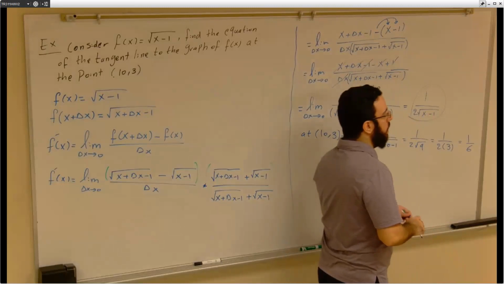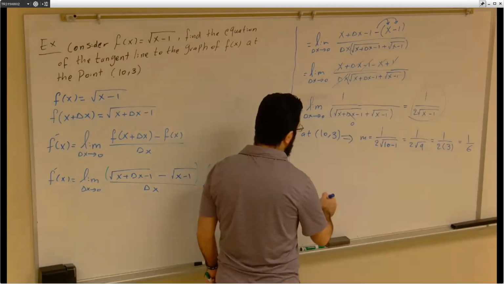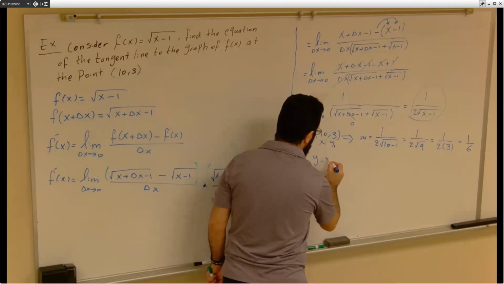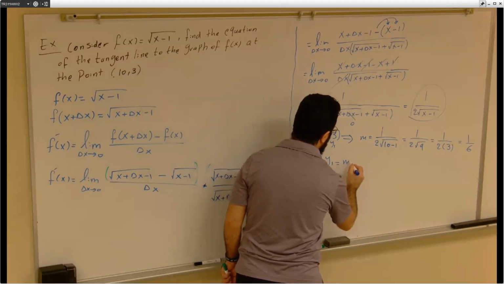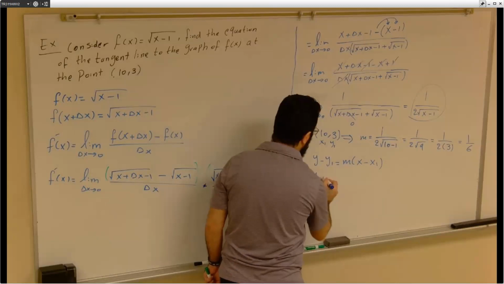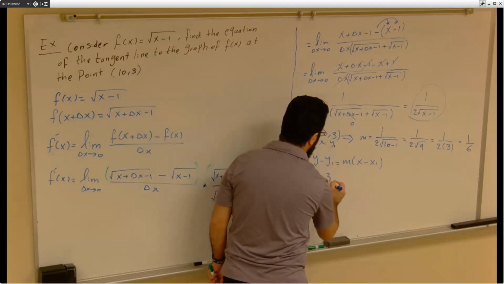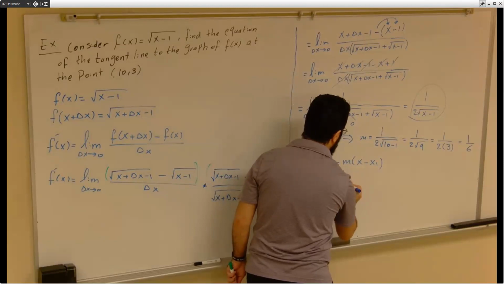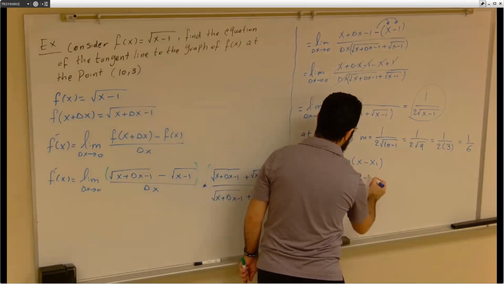So now, next step, I need to find the equation of the line. I have a point, x1, y1, so it's going to be y minus y1 equals the slope times x minus x1. That means y minus y1, which is 3, equals our slope 1 over 6, times x minus x1, which is 10.